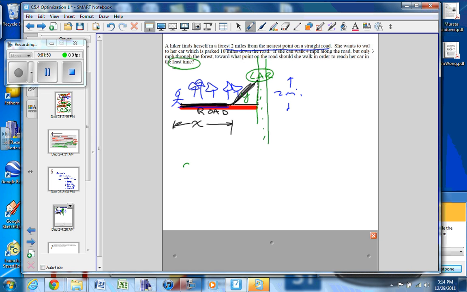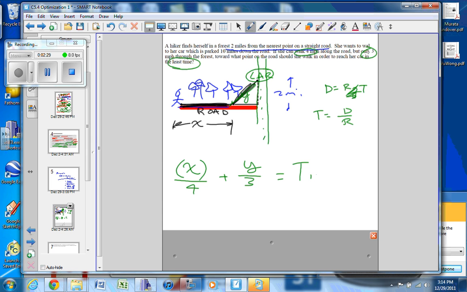So we're walking X miles along the road, and we can go 4 miles per hour. So X miles, well, hold on a sec. We know that distance equals rate times time, so time equals distance over rate. So the time walking along the road is the distance divided by my rate, plus the time walking through the forest, which is Y over going 3 miles per hour through the forest.